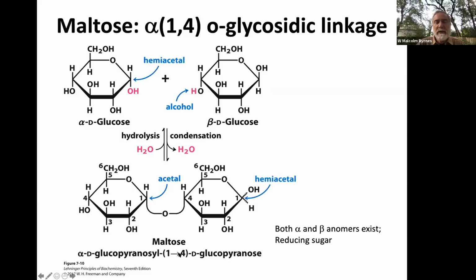That's sort of like the full name, if you will. Now notice that this carbon 1 on the sugar unit on the right is an anomeric carbon. It can open up, and you can have both beta as shown here, or alpha. So both alpha and beta anomers exist for maltose. That's why it's a reducing sugar.